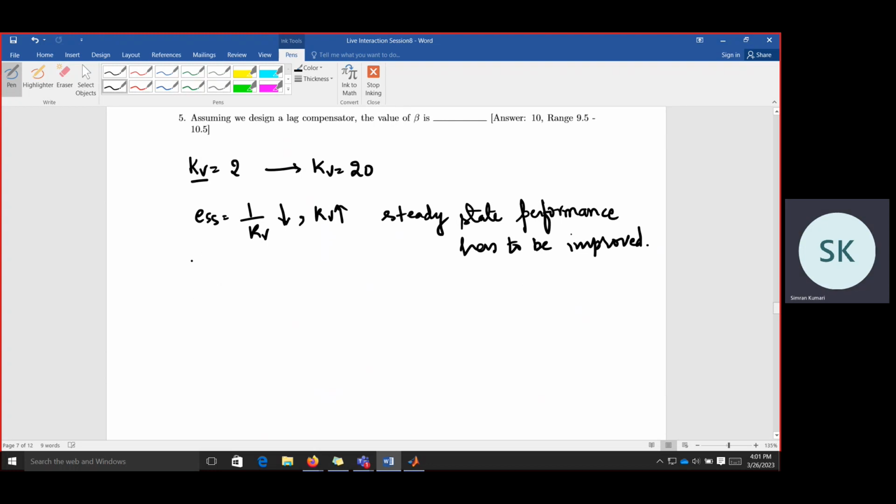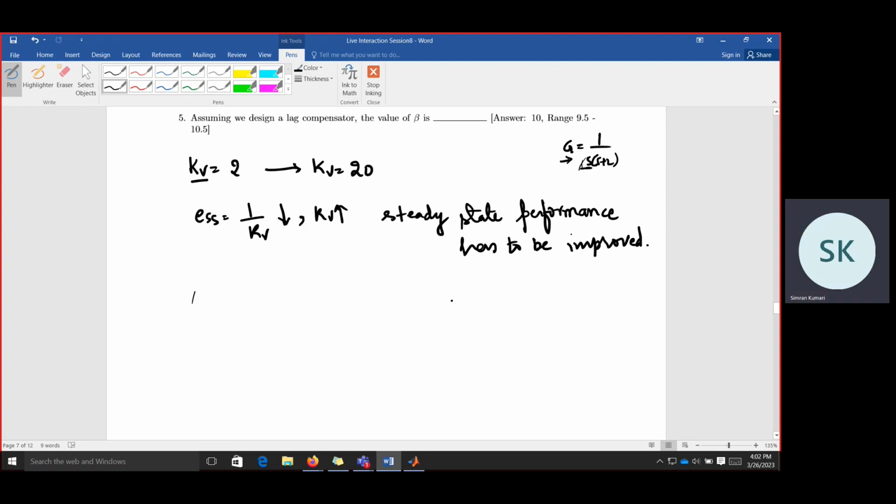Since this is kV, it is the steady state error for ramp input, because this transfer function Gs equal to 1 by s plus 2 already has a pole at 0, or we can say has an integrator, so it will always track the step input. There will be error in tracking ramp input.